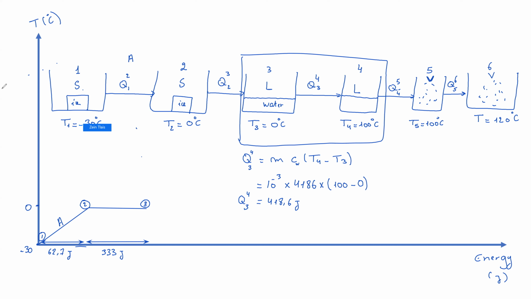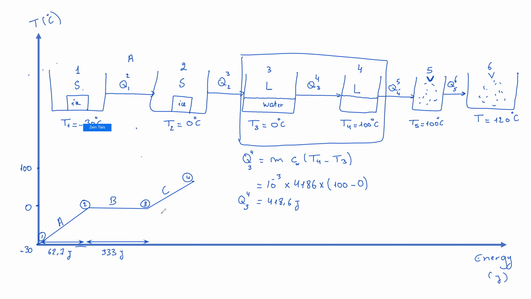As you see, the temperature increases from 0 to 100. And we notice this stage, let's say here we have B, to pass from 2 to 3 and to pass from 3 to 4.